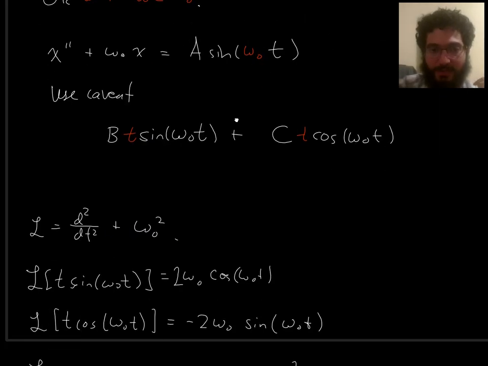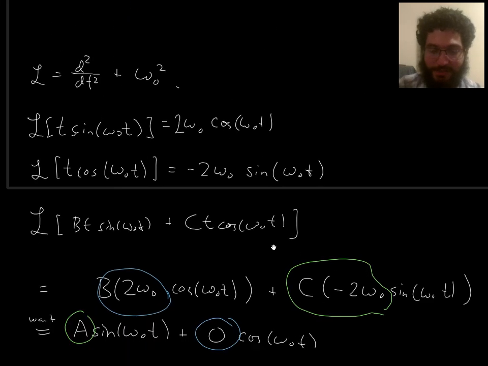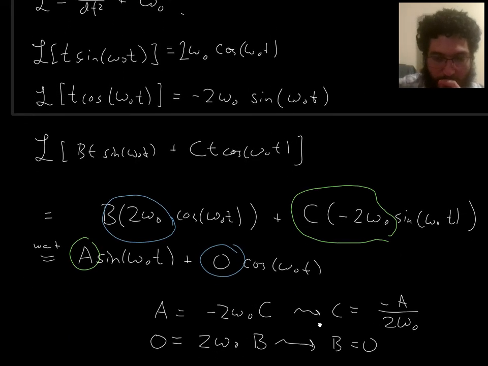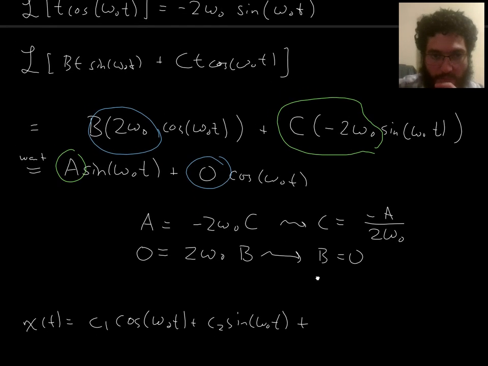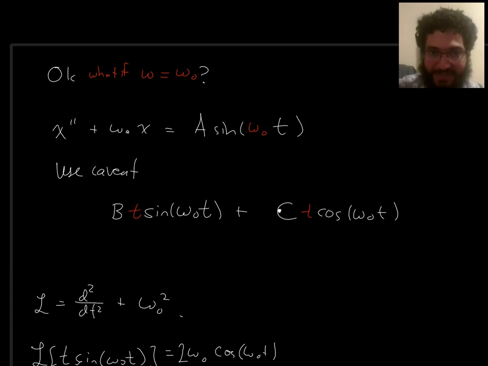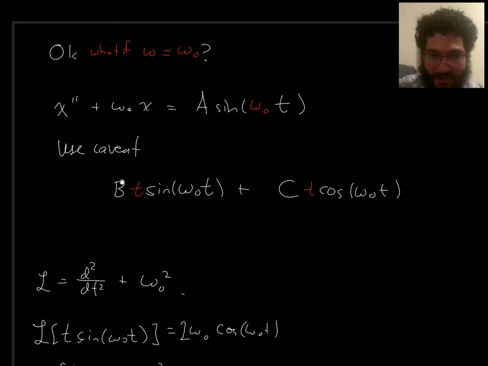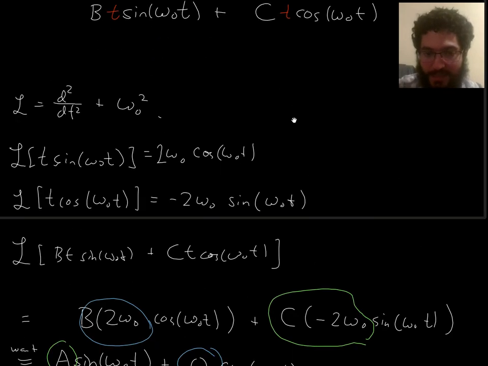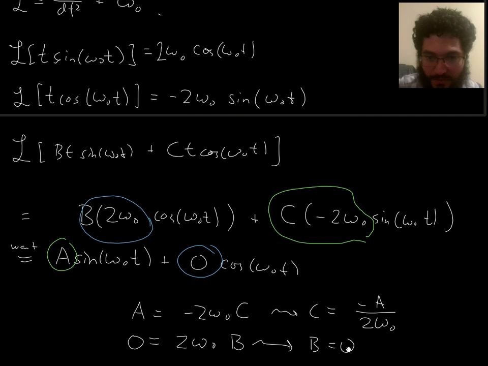But I think it's really interesting that in this situation where omega does equal omega naught, we still have sine in our forcing function, but we ended up with a cosine, right? We ended up with b equals 0 and c equals this thing.